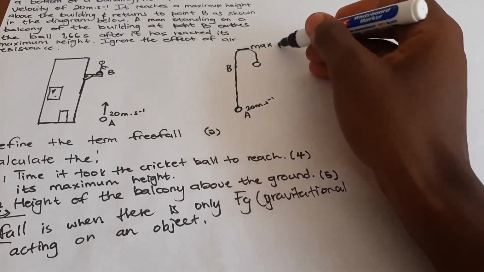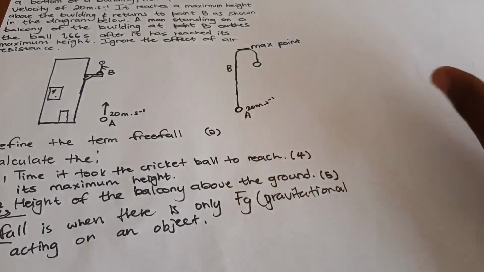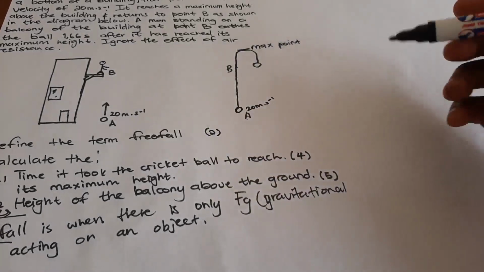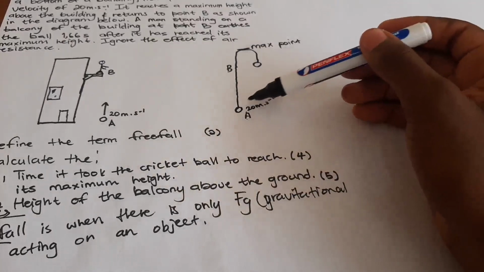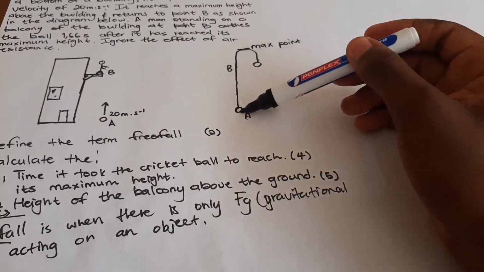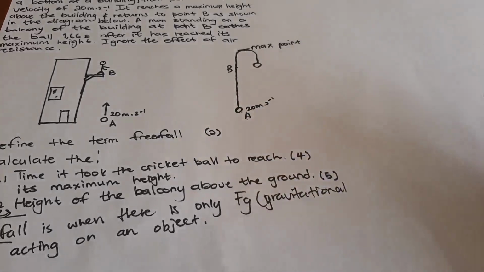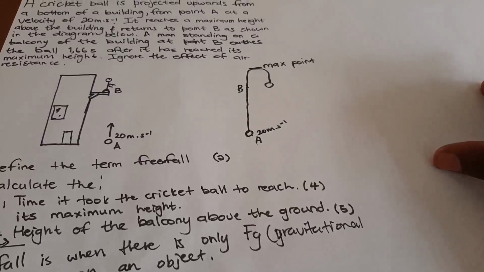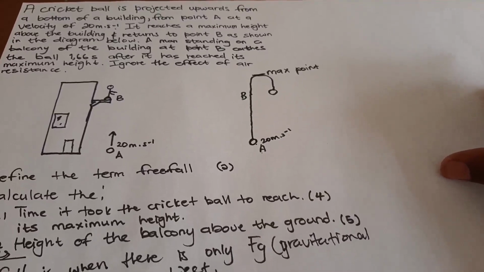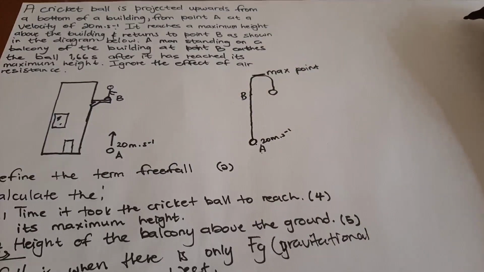Let's just say maximum point, so as not to confuse you relating to the question. Regarding calculations, you know that, let's say this is the initial velocity.